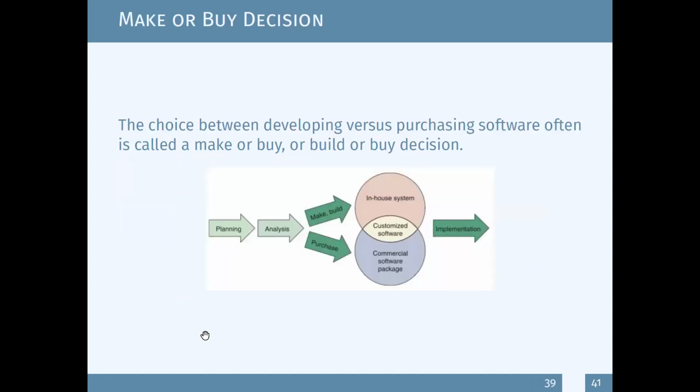So the question is whether we are going to develop or whether we are going to purchase, right? After planning and analysis, you have to make this decision. If you are developing, we call it the in-house environment; otherwise, for a purchased item, we say commercial software package, and you can have a customized option in between.